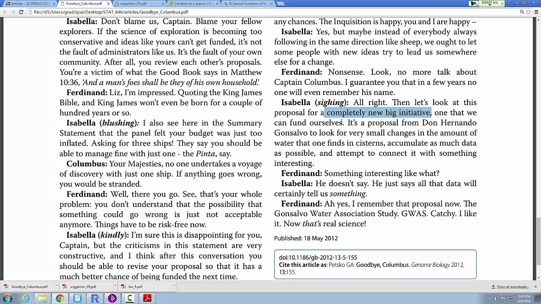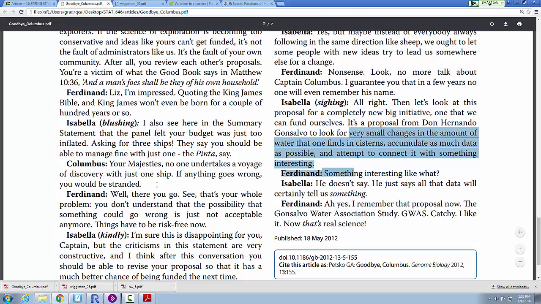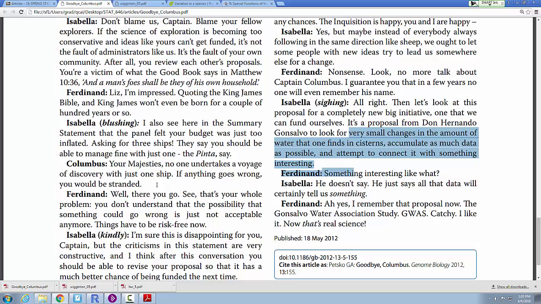It's a proposal from so-and-so to look for a very small change in the amount of water that one finds in cisterns. Accumulate as much data as possible and attempt to connect it with something interesting. We're going to collect lots of data, and we're going to try to find something interesting in the data. Columbus had a pie-in-the-sky, moonshot kind of project in mind.